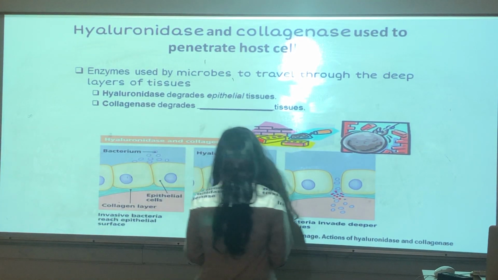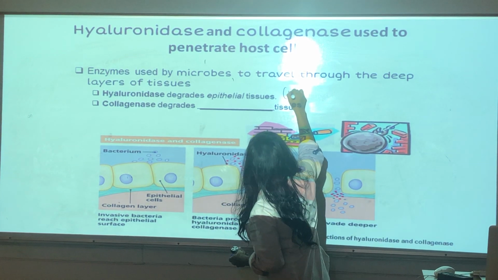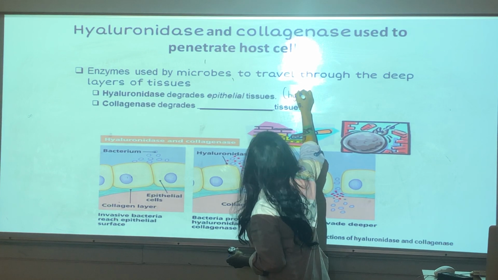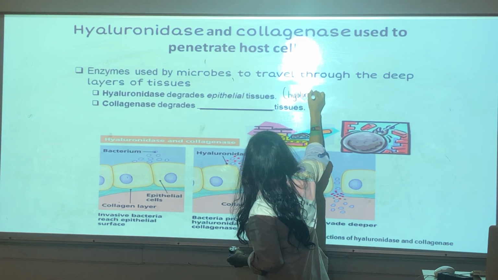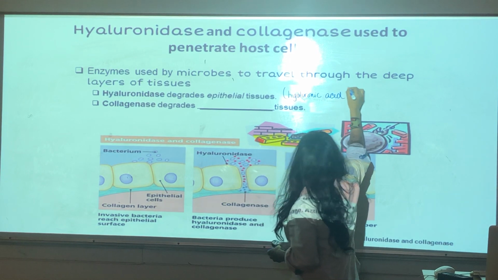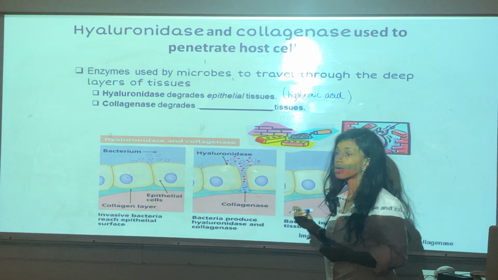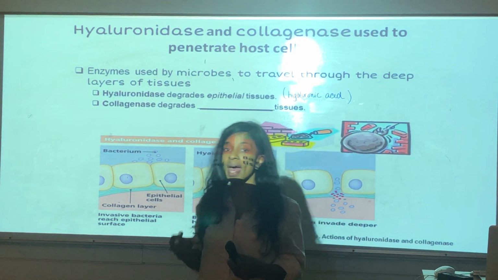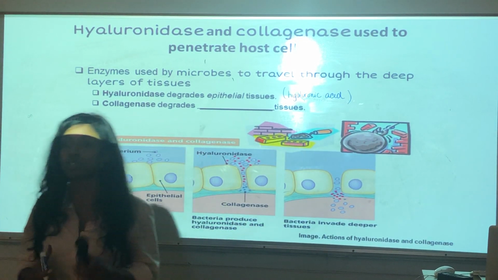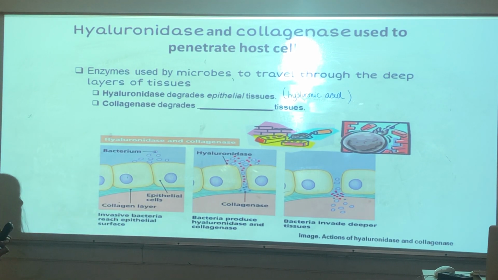There is a substance in the epithelial cells, it's called hyaluronic acid. And hyaluronic acid is going to be sort of the glue that keeps epithelial cells together. And when foreign invaders have hyaluronidase, they're able to break down the epithelial cells because they're breaking down the hyaluronic acid.